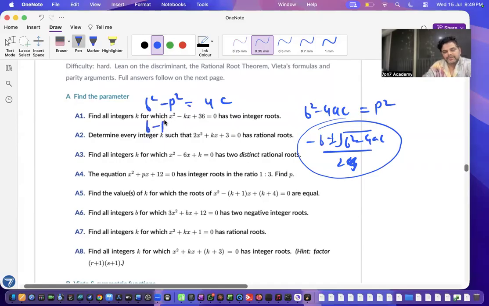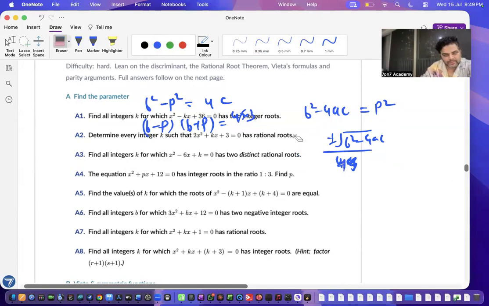So b minus p, b plus p is equal to 4c. नहीं यह तो 4 होएगा, 4 into 3 ना. Then solve them for different combinations, and then first you get the value of b and p, and then check for which b it is divisible by 4. ठीक है, and I didn't really understand this.